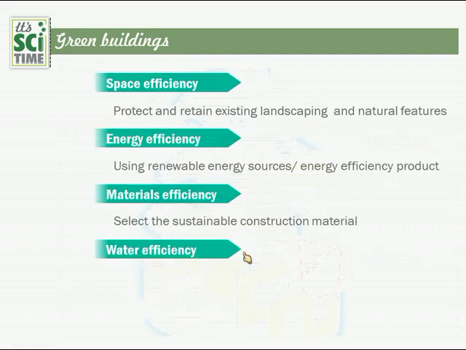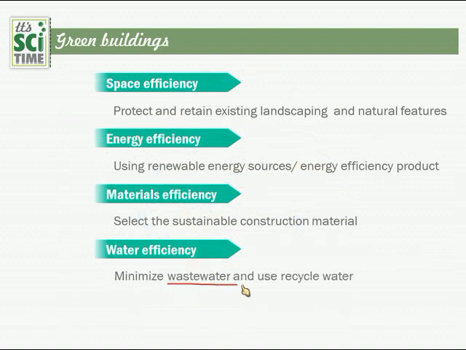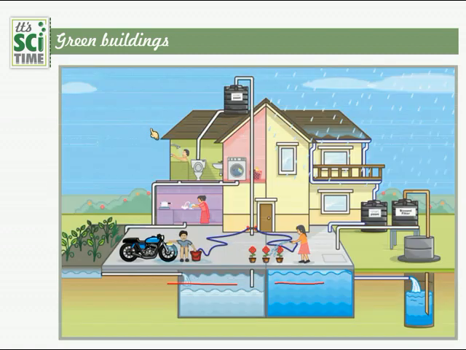Next, water efficiency. How to manage water in green buildings. Minimize wastewater and recycle water. See this one. In this picture you can see the rainwater is collecting here. Rainwater collecting tanks are shown, and also the water coming from the pipelines they use.